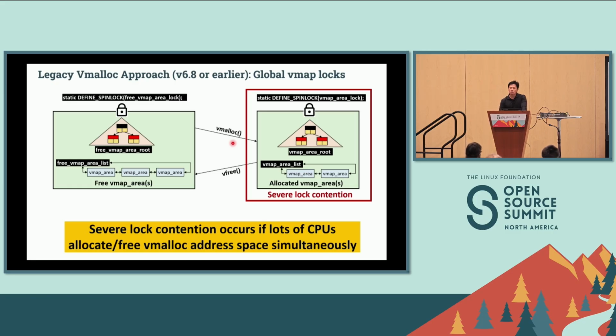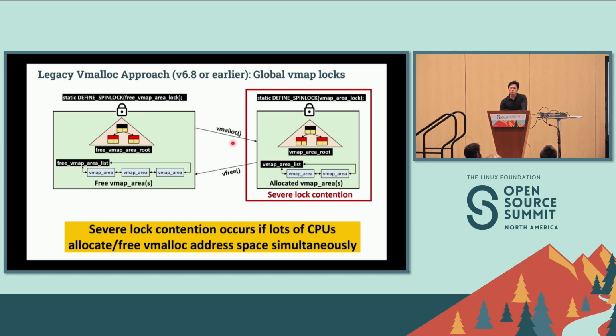Each of them must wait for the others. When the number of CPUs grows, the bottleneck dominates the execution time, so the workload throughput degrades significantly. Okay, so this motivates the redesign using the vmap node implementation, which I will get to next.